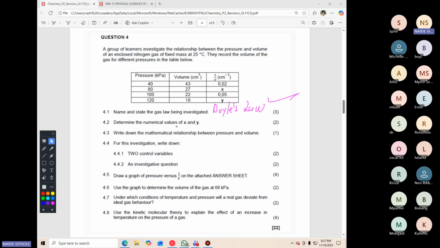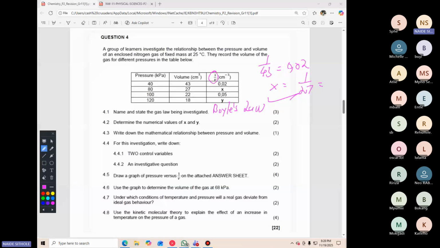Now, determine the numerical value of x and y. As we can see, they want these values. To get these values, it's 1 over V. So that means they say 1 over all of this. If you say 1 over 43, it should give you 0.02. To find x, you need to say 1 over 27, just like they did here.